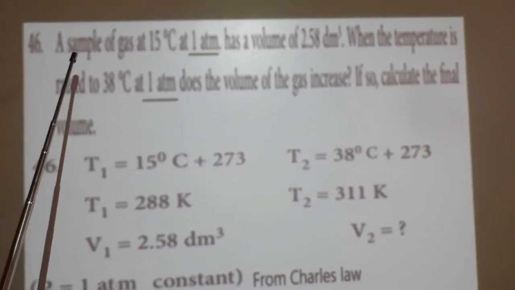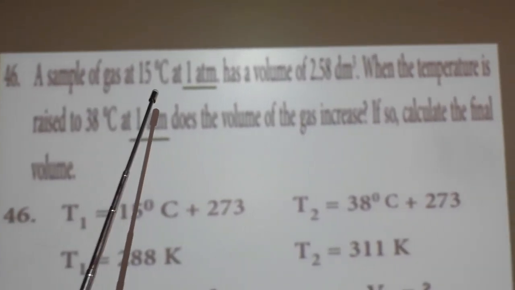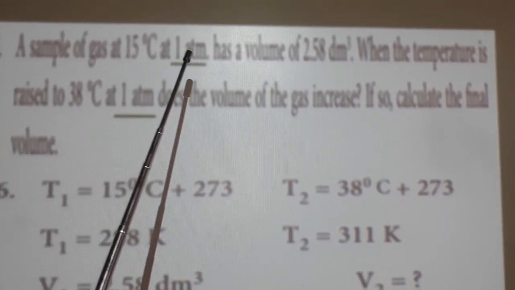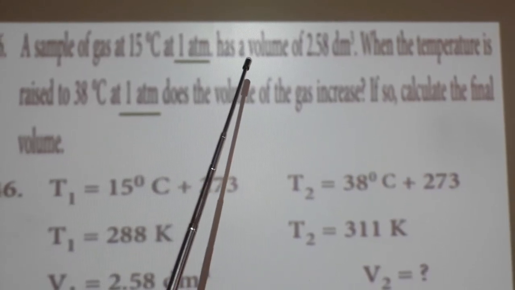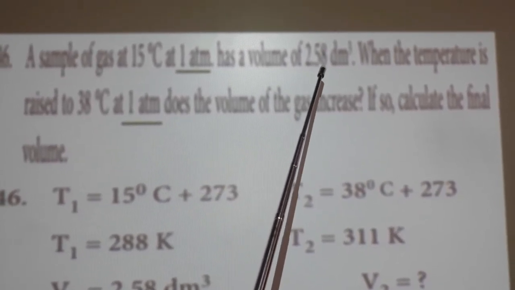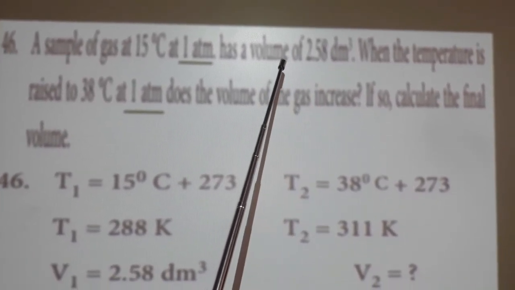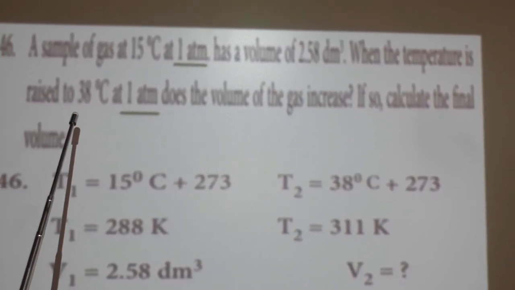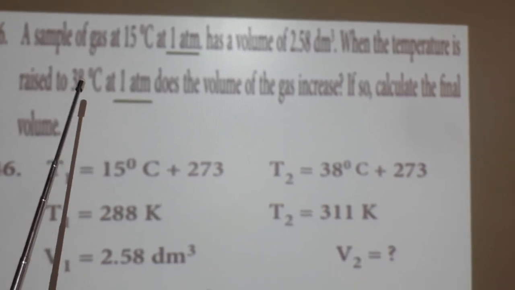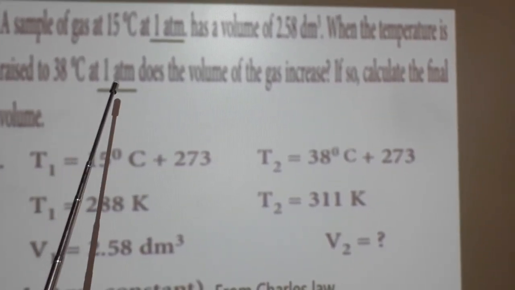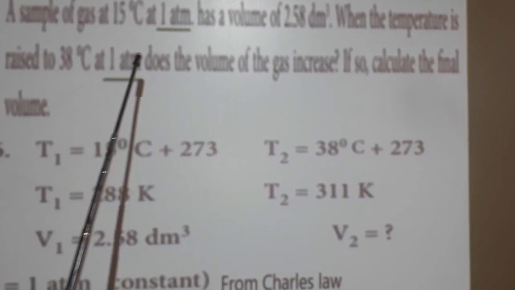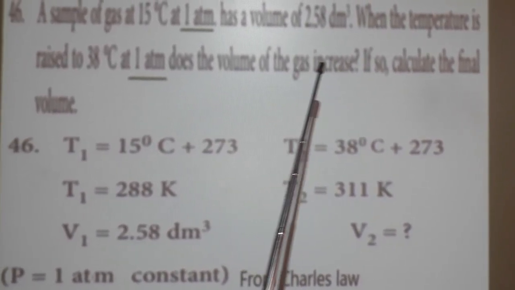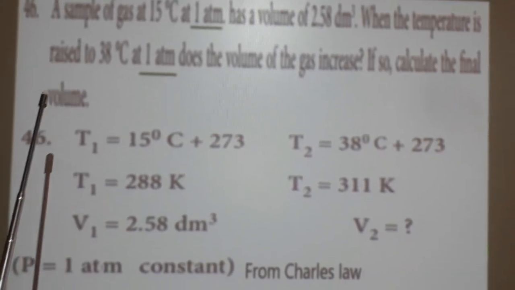In this problem, a sample of gas at 15 degrees Celsius at 1 atmosphere, that is temperature T1 is 15 degrees Celsius and pressure is 1 atmosphere, has a volume of 2.58 decimeter cube, that is V1 is equal to 2.58. When the temperature is raised to 38 degrees Celsius, which is now the T2 value, the same pressure only they are giving. Whether the volume of gas is increased, we have to find out. If so, calculate the final value, they are asking.